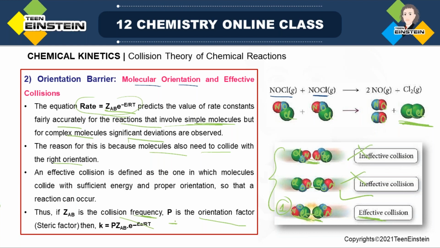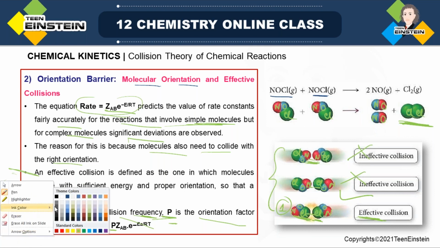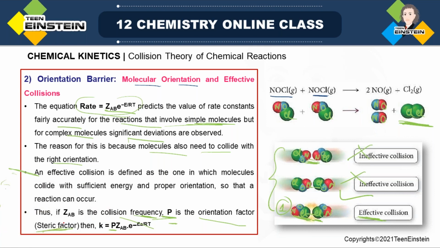So P gives us the idea of how many collisions out of the total are important. That is why it is called the orientation factor, and we have to add this new term to the equation. Sometimes it is also called the steric factor. So finally, we get this expression where both the collision frequency and the orientation factor are present. Is it clear?